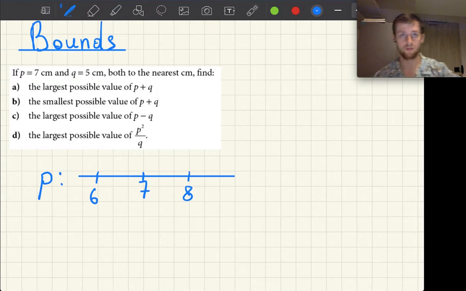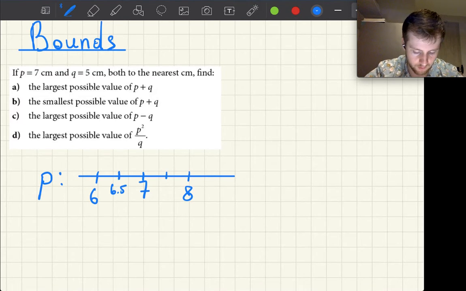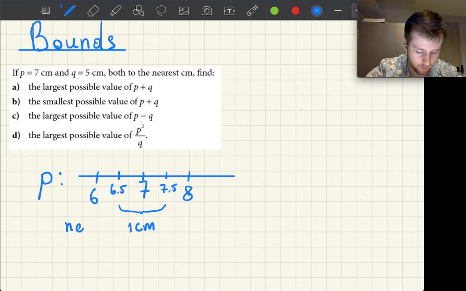So let's think about this. It means that we can go half a centimeter in this direction, and we can go half a centimeter in this direction. So this would give us the nearest centimeter. So we split it.